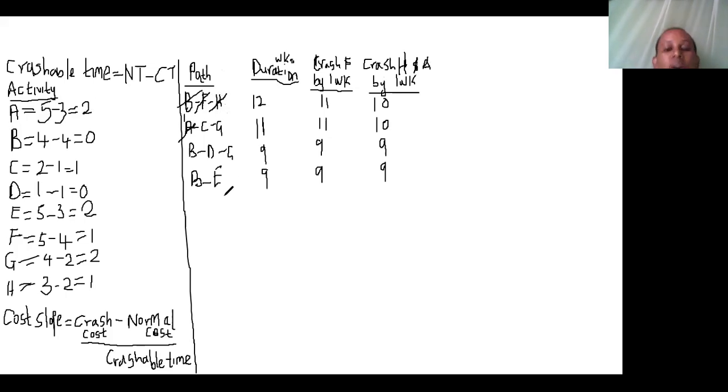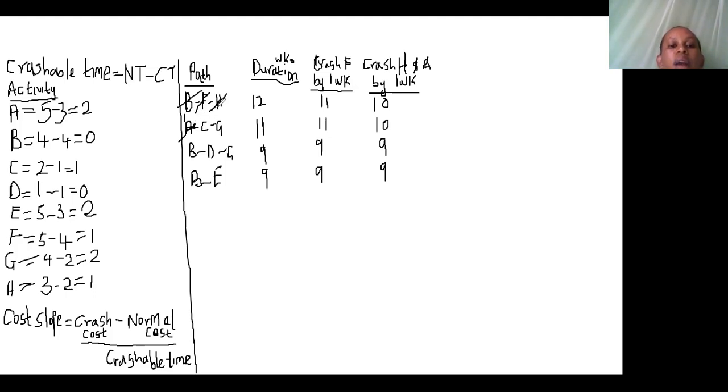What if now, as an imagination here, activity A had a crushable time of 1 and H had a crushable time of 2 weeks? What would we have considered to do? We would have crushed activity H and A together by only 1 week. Why? Because we could not have allowed activity A to be crushed beyond its crushable time.